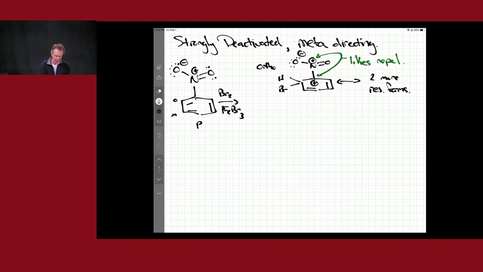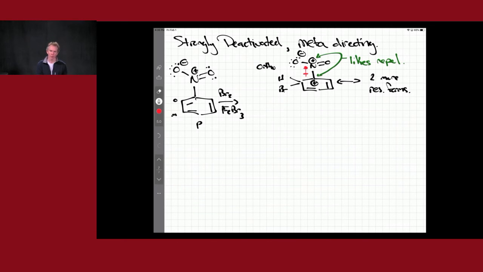Okay, let's use a different color and talk about something else that's going on here. Now this was present in our other ones as well when we also had nitrogen or oxygen on them, but we also have an inductive effect. Since nitrogen and oxygen are more electronegative than carbon, right, there's an induced dipole as well, also moving towards the nitrogen atom. That's also withdrawing electron density away from the carbocation.